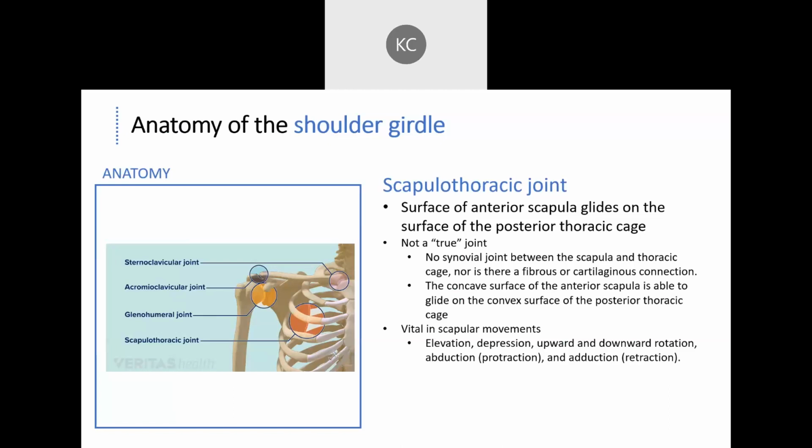So if you extend your shoulder blades back and you try to bring your shoulders together on the posterior surface, this is the adduction or the retraction of the scapula, and that's being accomplished by some of those rhomboid muscles that we'll look at in later lectures, right?